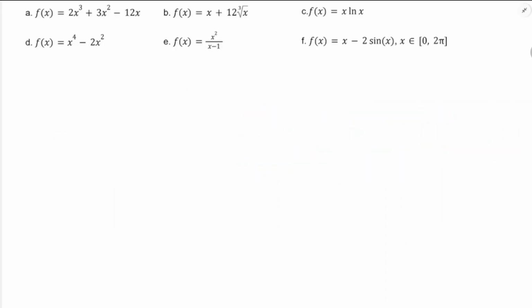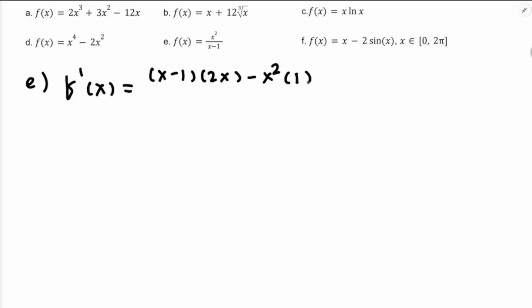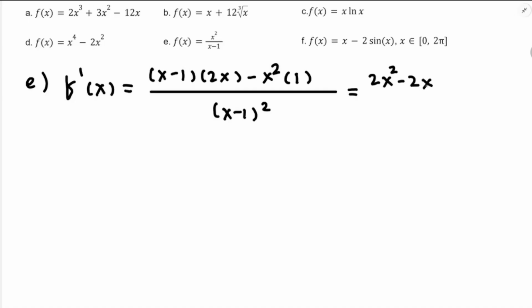Okay, so the next one we're going to need to use the quotient rule. It's definitely good. We're getting our work in on that. So bottom times derivative of the top minus top times derivative of the bottom, divided by bottom squared. So this actually won't be too bad. 2x squared minus 2x minus an x squared.